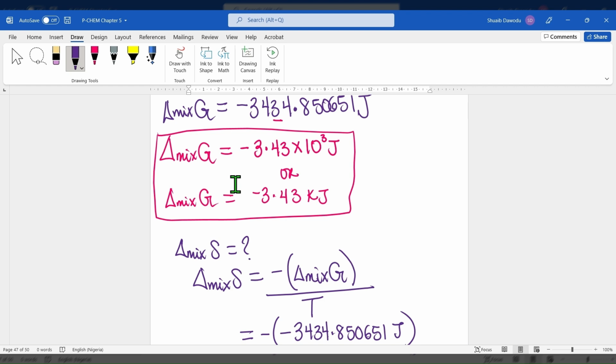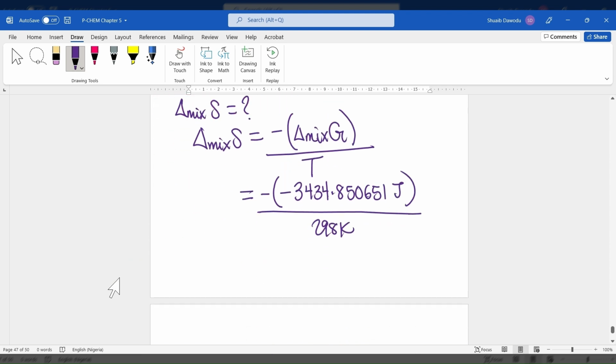You can only do that at the very end. But if you're using the same value in calculation, stick to using the raw value, not the approximated value, in order for you to get your answer very correct. You see the value of this in multiple choice questions, because you actually need an exact value. But in your calculation, you're going to lose points for using the approximated value rather than the raw value.